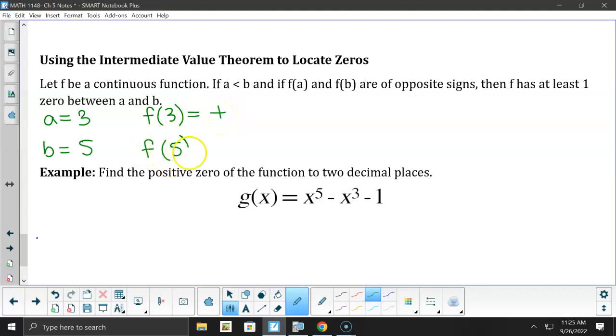F of 5 is a negative number. So 3 is a positive, 5 is a negative. That means that somewhere between 3 and 5, on my x-axis, I have a 0. I have crossed over my x-axis at some point.